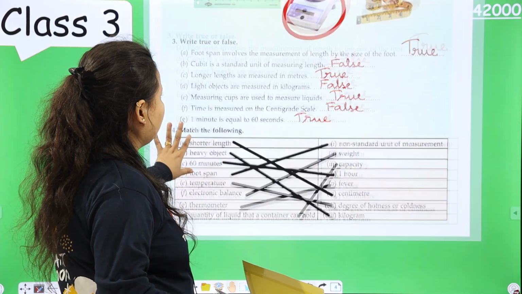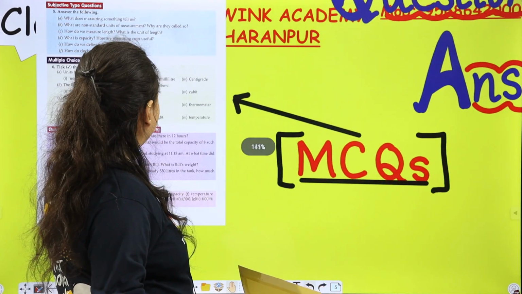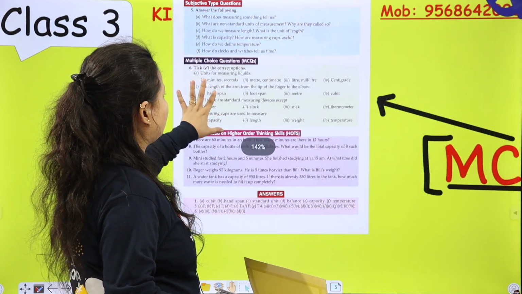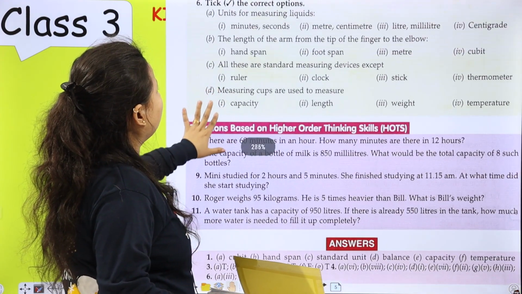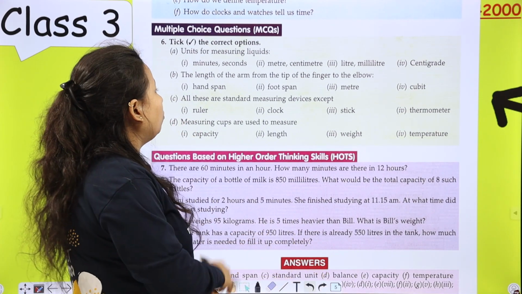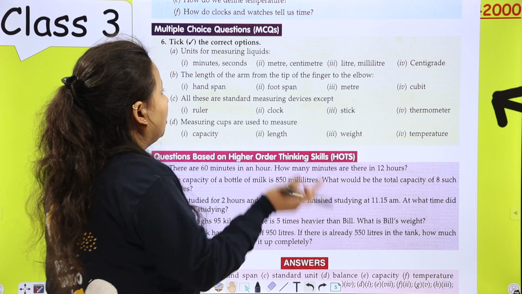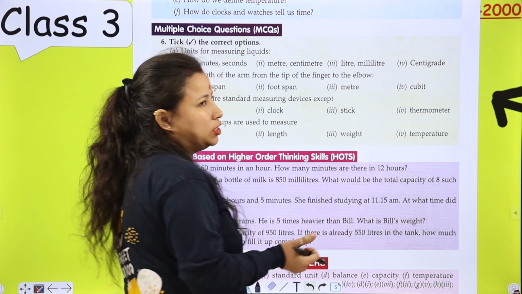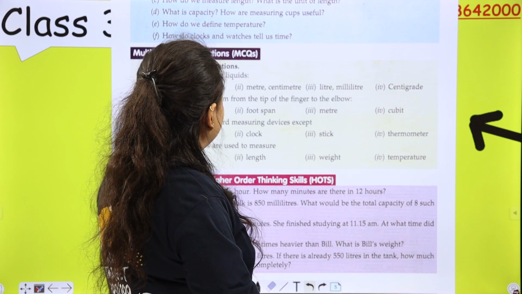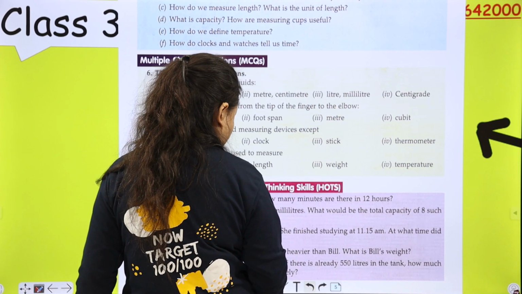Now next is, first of all we will do MCQs. After that I will explain you the answers of these questions. Okay. So first is unit for measuring liquids. Which units are for measuring liquids? Minutes and seconds? No, this is measuring time. Meter, centimeter? No, this is measuring length. And liter, milliliter? Yes. So this one is right.